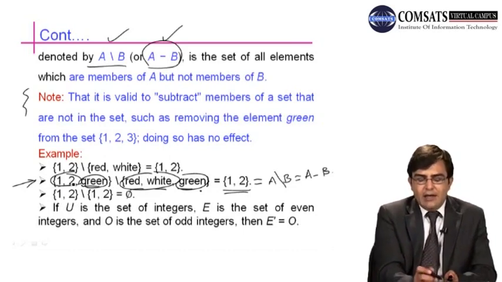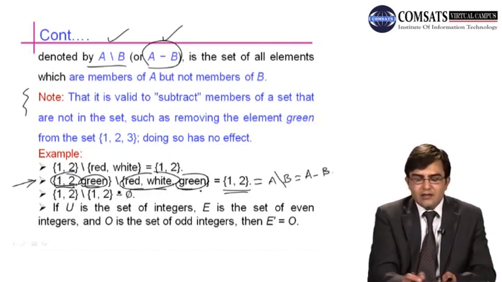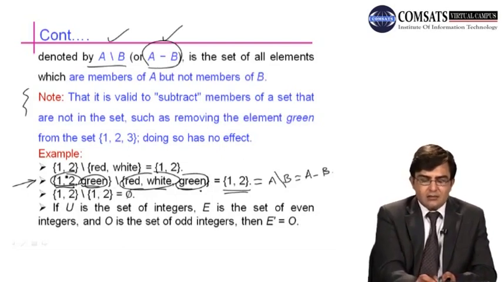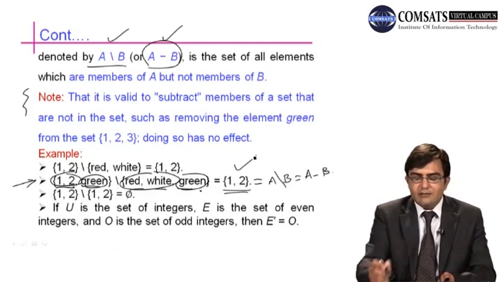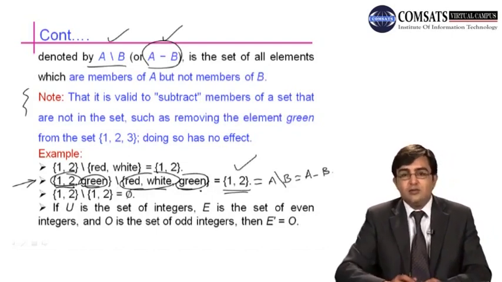A minus B actually contains only those elements which are only in A but not in B. The elements which are only in A are 1 and 2, so we write A minus B is {1, 2}.